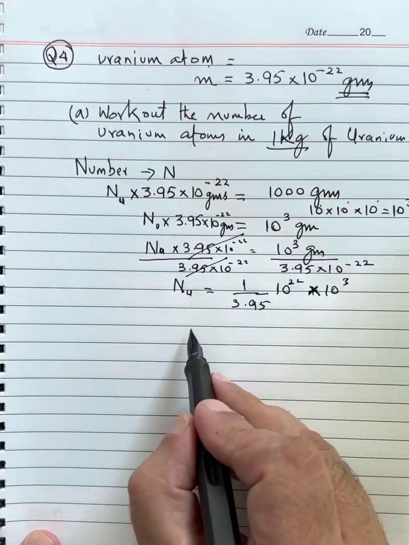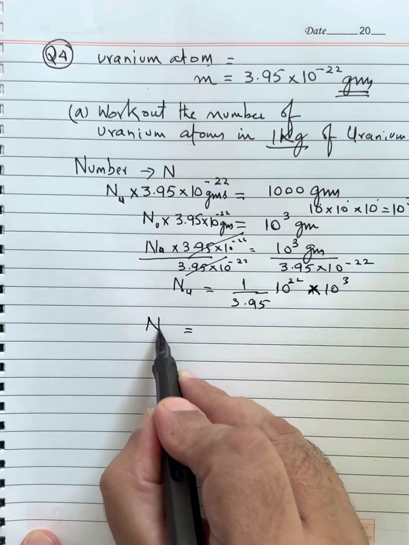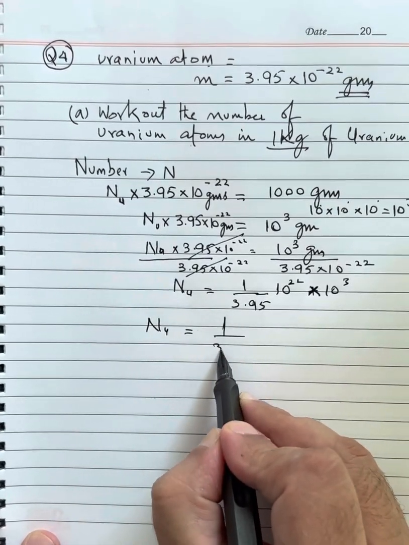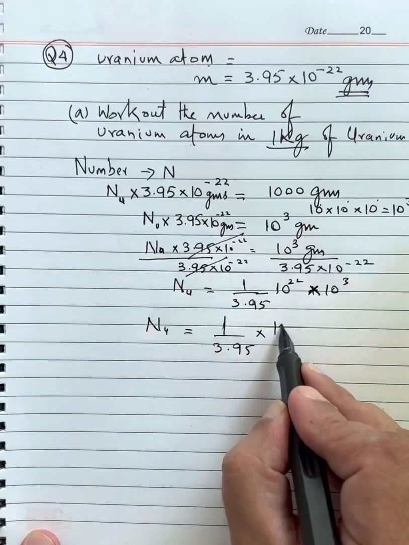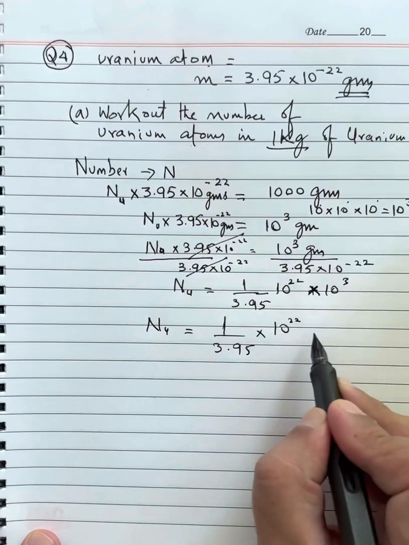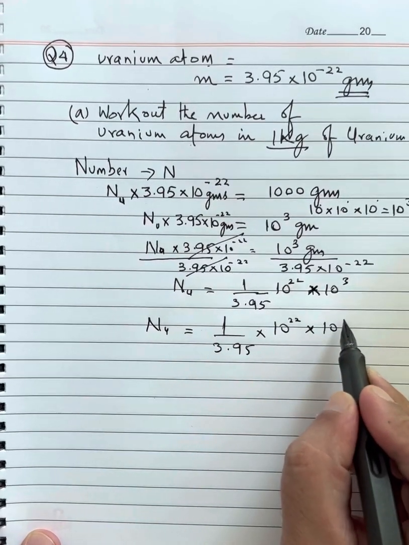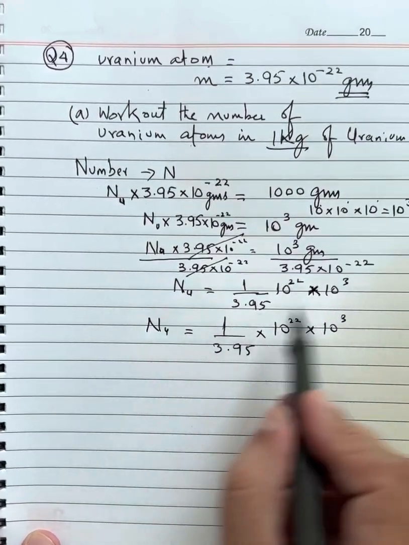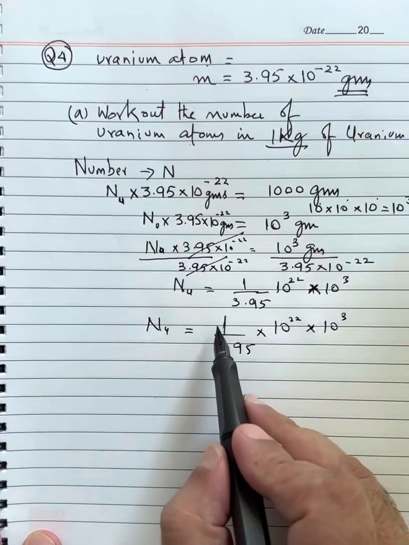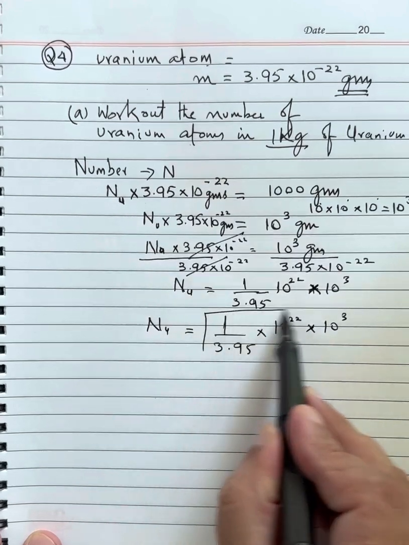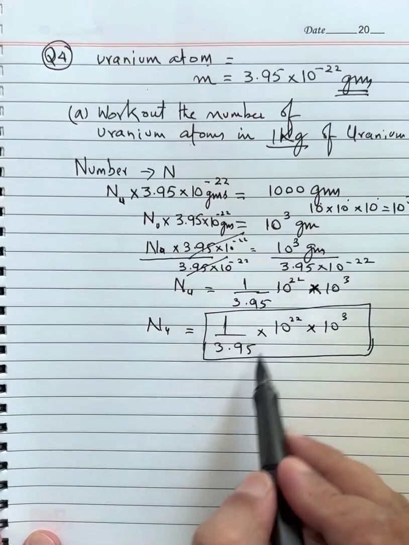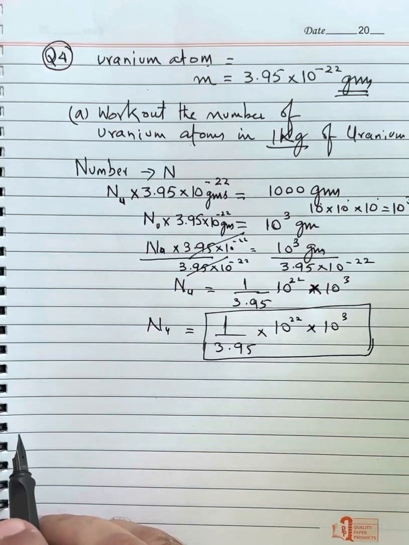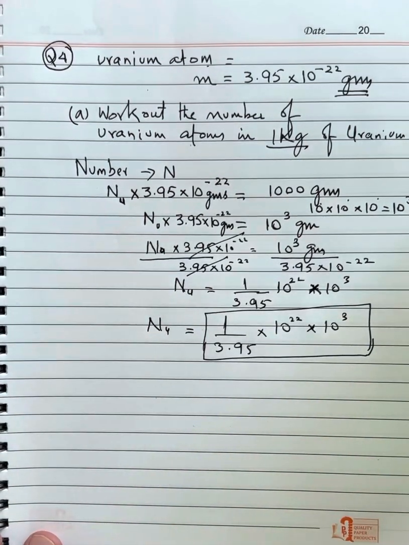And so now you've got this expression: 1 over 3.95 times 10 to the power 22 times 10 to the power 3. Now just look at it, it's turning into a very big number. Now all you've got to do is get a hold of your calculator and figure this out, right? Okay, and then tell me what this number is. All right, okay.